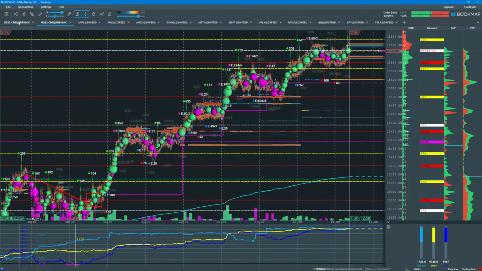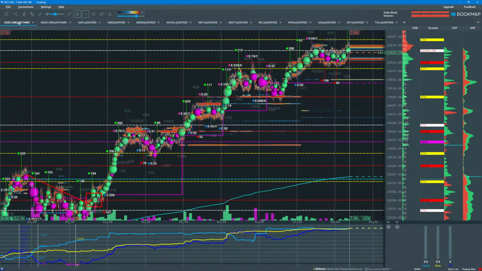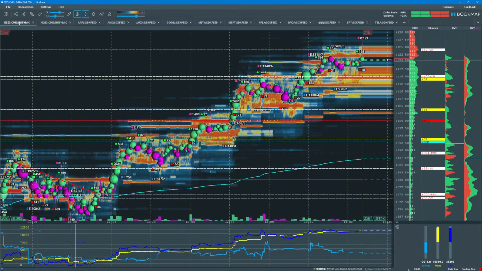All right, so Nasdaq right at the NDX 15,500 call wall, trading above the SPX 4400 call wall, just below the SPY 440 call wall. And so the only call wall that is still a little bit higher up out of range is the QQQ 380 call wall.